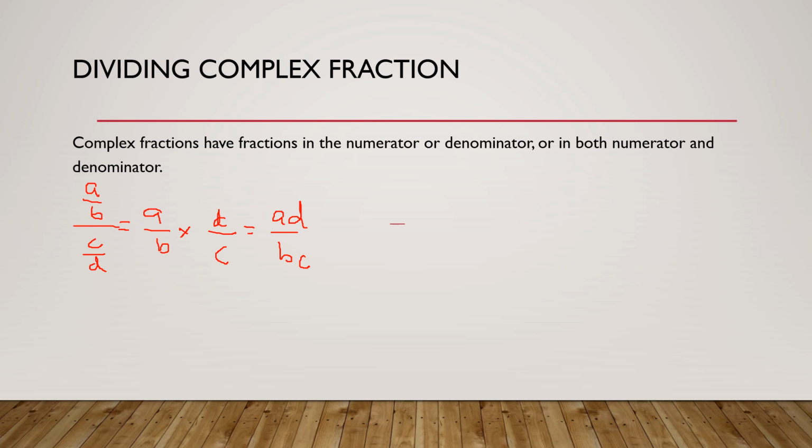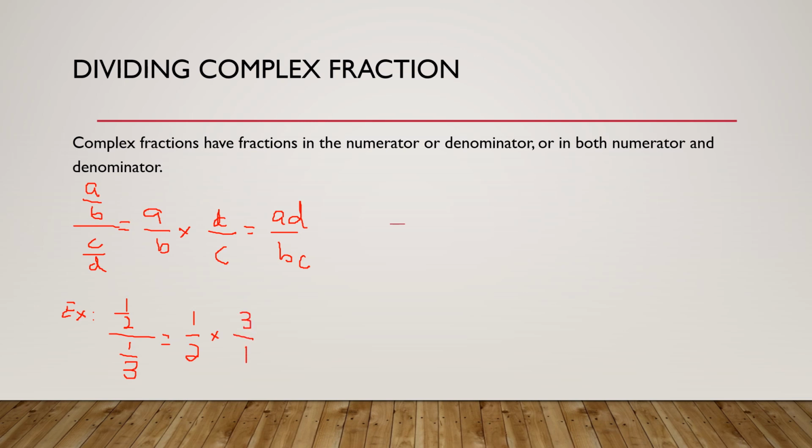Okay, so we can have an example. For example, we have 1/2 over 1/3. So we could say that 1/2 times, we can use x or the dot, 3 over 1.